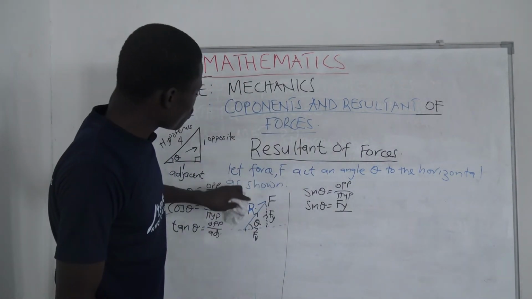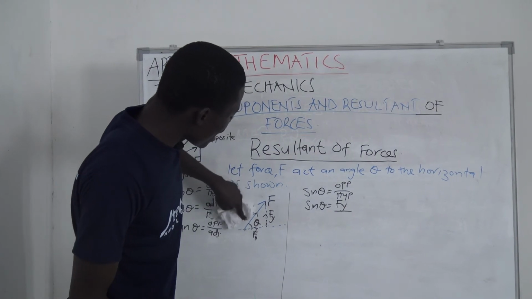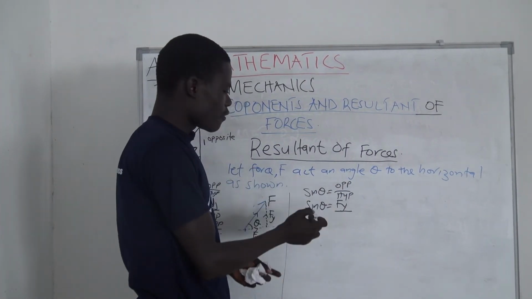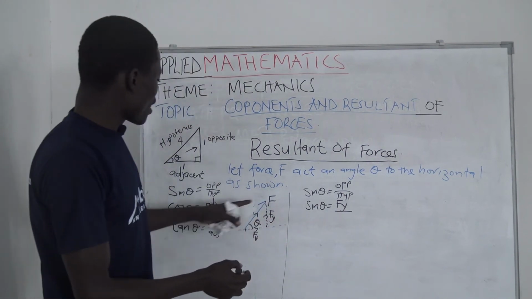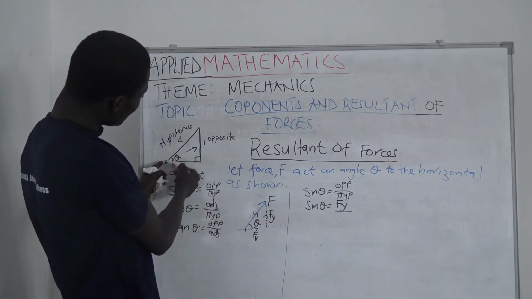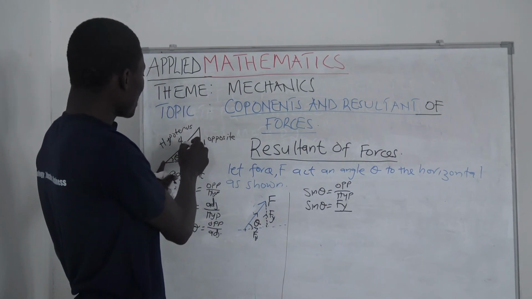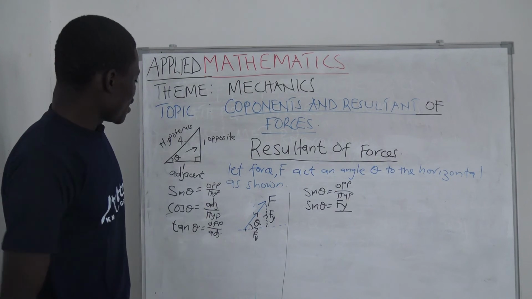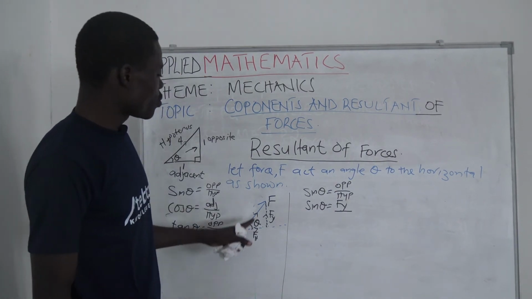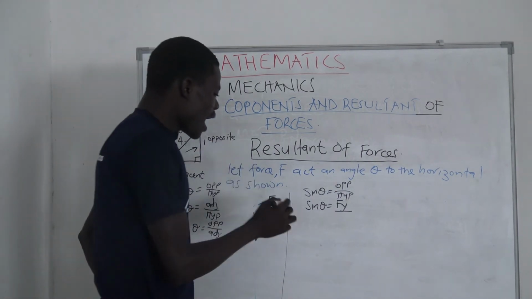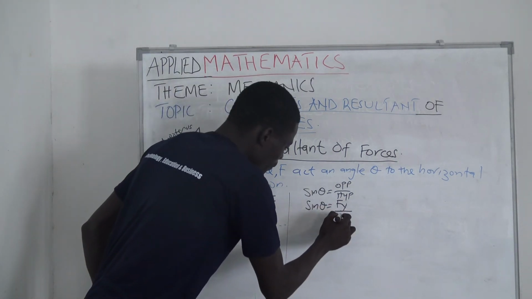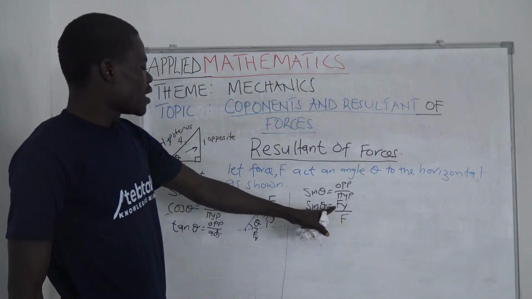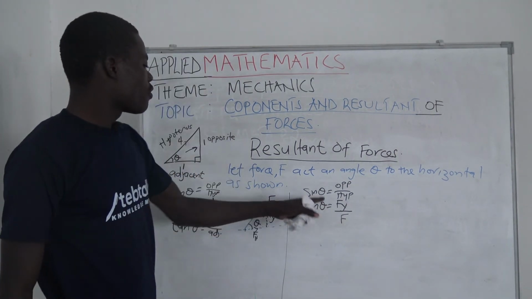The original force before calculating the resultant was force F. So this force F is on the hypotenuse, the longest side, and we are getting its components of opposite and adjacent. Remember, we want to get the vertical component of F.